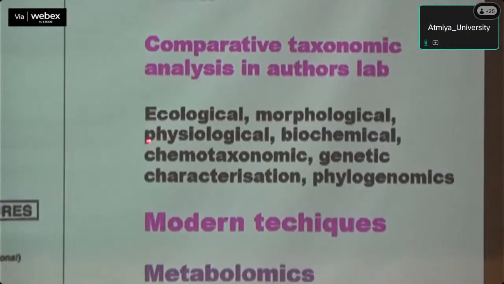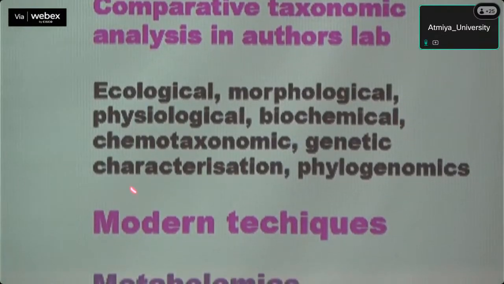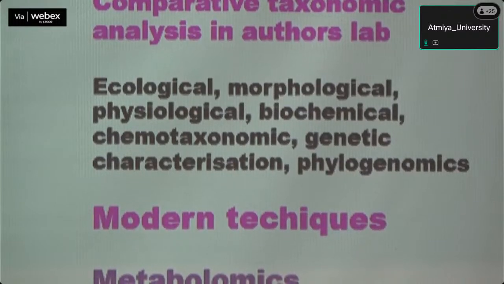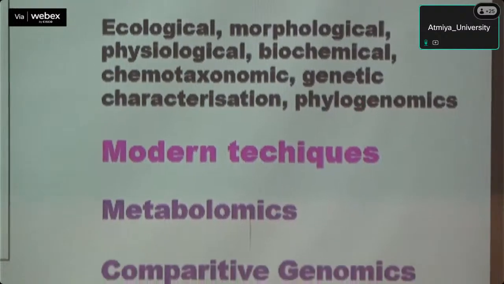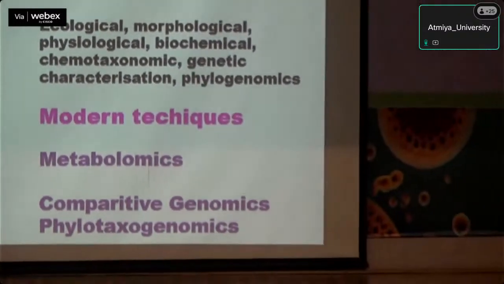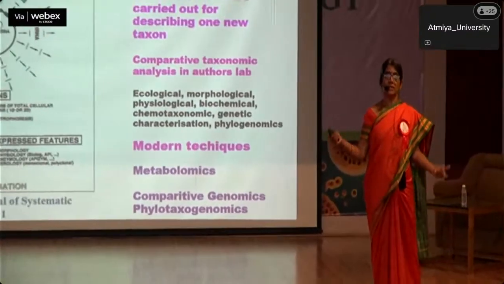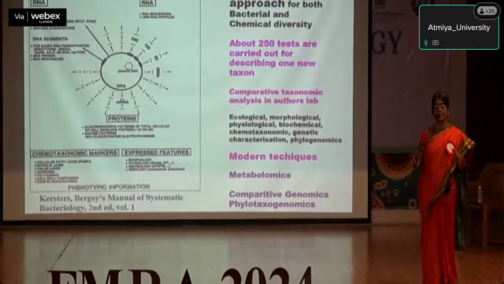Physiological, pH, temperature, etc. And then biochemical characterization. Chemotaxonomic is the very challenging one, like how he was telling. And then genetic characterization. And of course, today, sir was only speaking about 16S rRNA gene sequence, which is just basic. Today, doing genome sequencing has become compulsory.